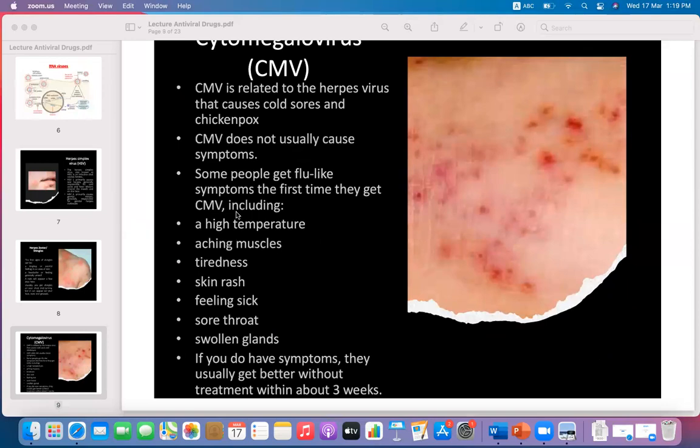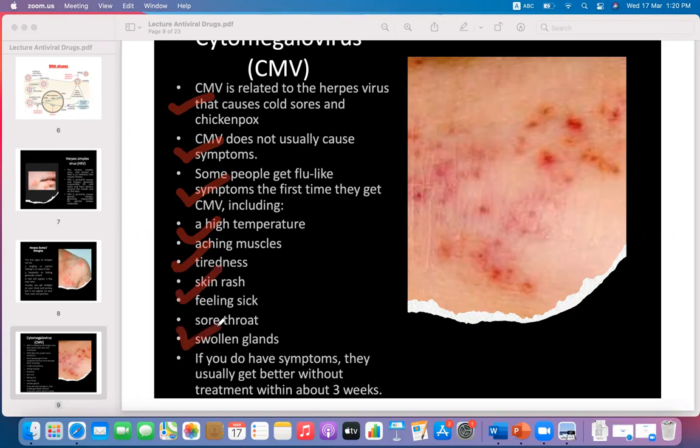Cytomegalovirus is related to the herpes virus that causes cold sores and chickenpox. Cytomegalovirus does not usually cause symptoms. Some people get flu-like symptoms the first time they get cytomegalovirus, including high temperature, aching muscles, tiredness, skin rash, feeling sick, sore throat, and swollen glands.